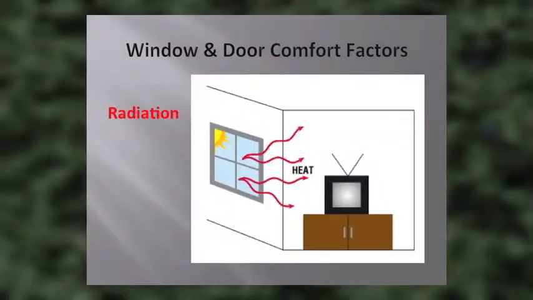Radiation. We all know that radiation is one of those ways, okay? So when we look at a window or a door or a skylight, we see that radiant heat from the sun primarily comes through into the house, radiates onto the floor and warms the house, warms your furniture, warms your cat or your dog or whomever, okay?